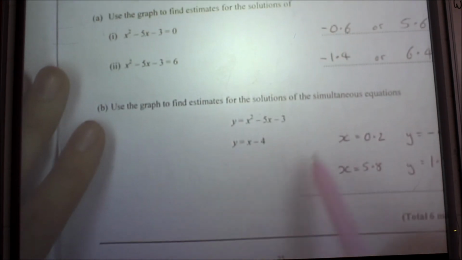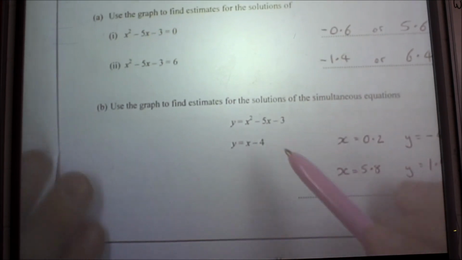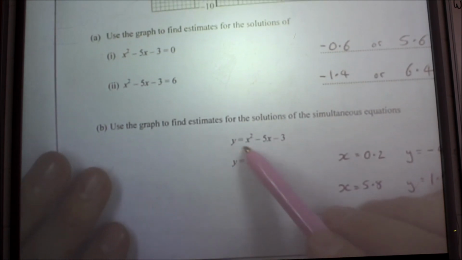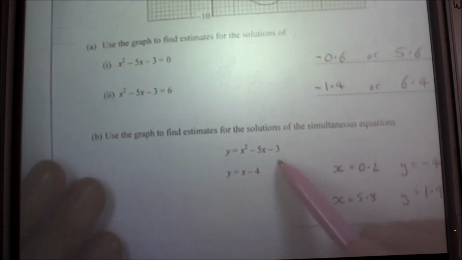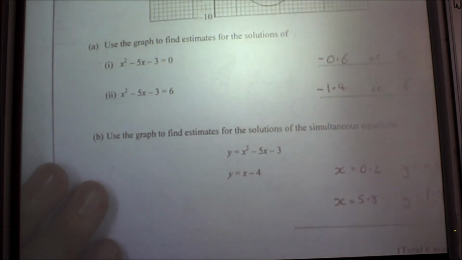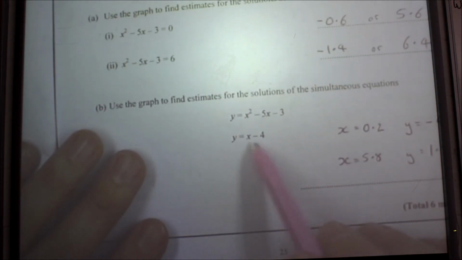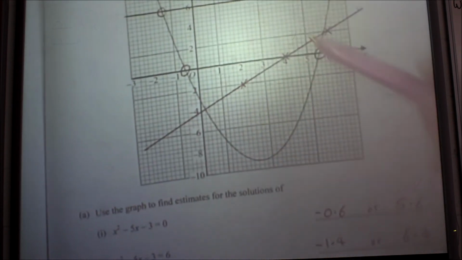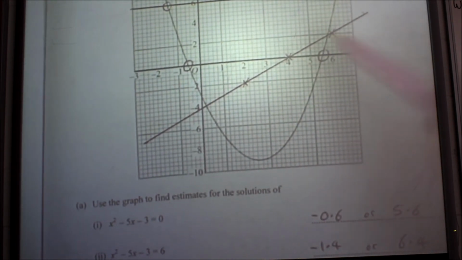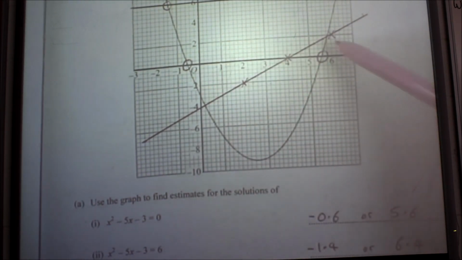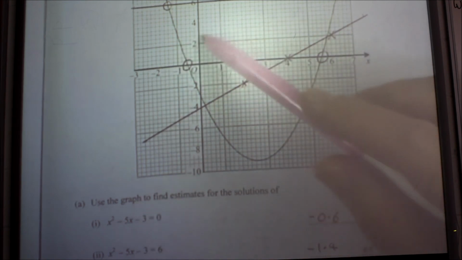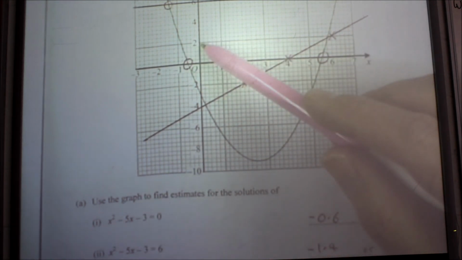Use the graph to find estimates for the solution of the simultaneous equations. Right, this one here, y equals x squared take 5x take 3, we've already done. That's the curvy one you can see on the graph. You've got to draw the line y equals x take away 4. The way I've done this is just plotted some points. So y here is 2 and x is 6. So y equals x take away 4.